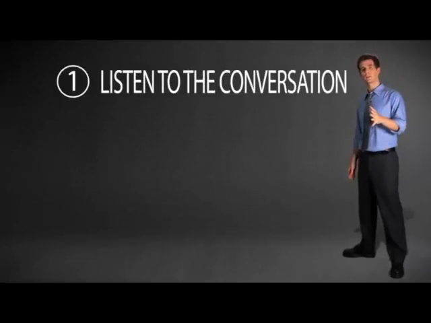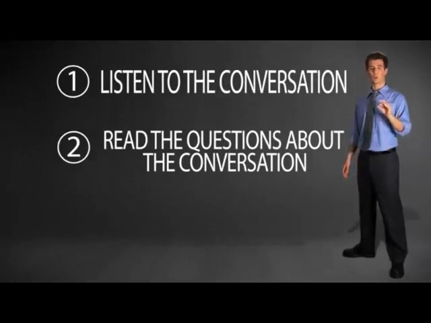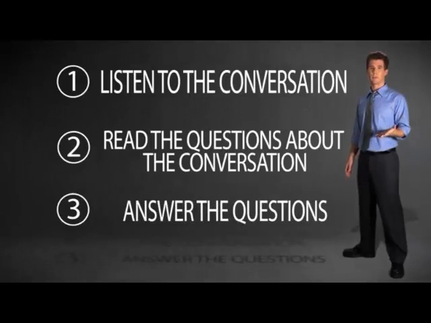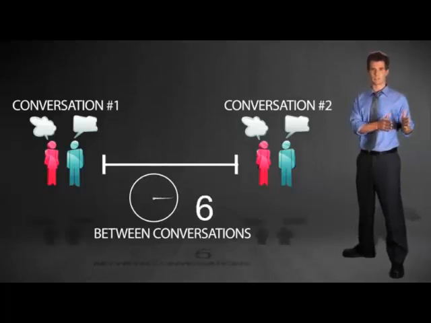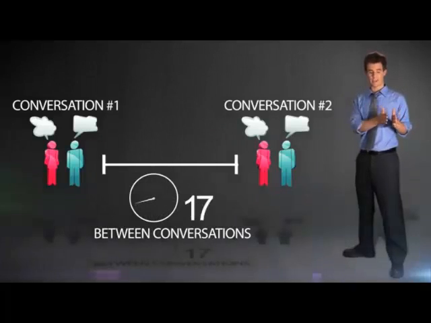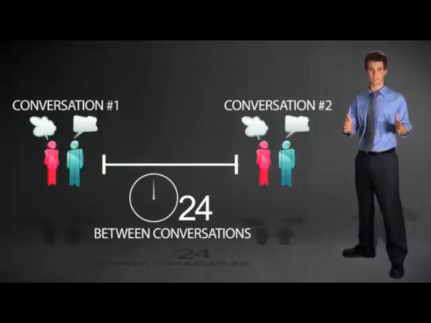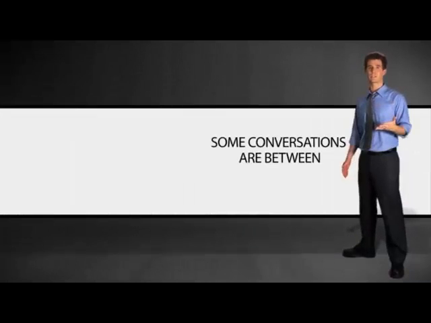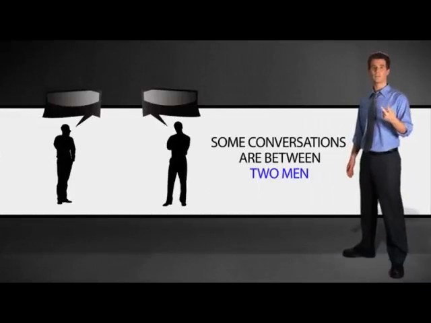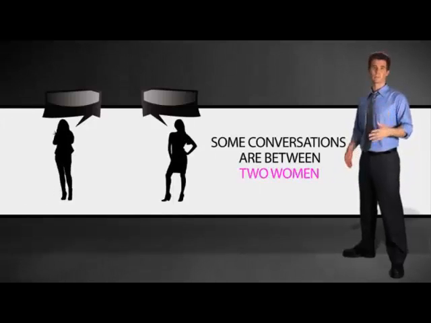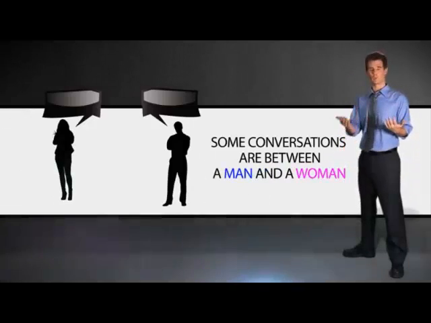You have to listen to the conversation, read the questions about the conversation, and answer them. From the end of one conversation to the beginning of the next, we only have 24 seconds to answer. Now, sometimes the conversations are between 2 men or 2 women, sometimes between a man and a woman.